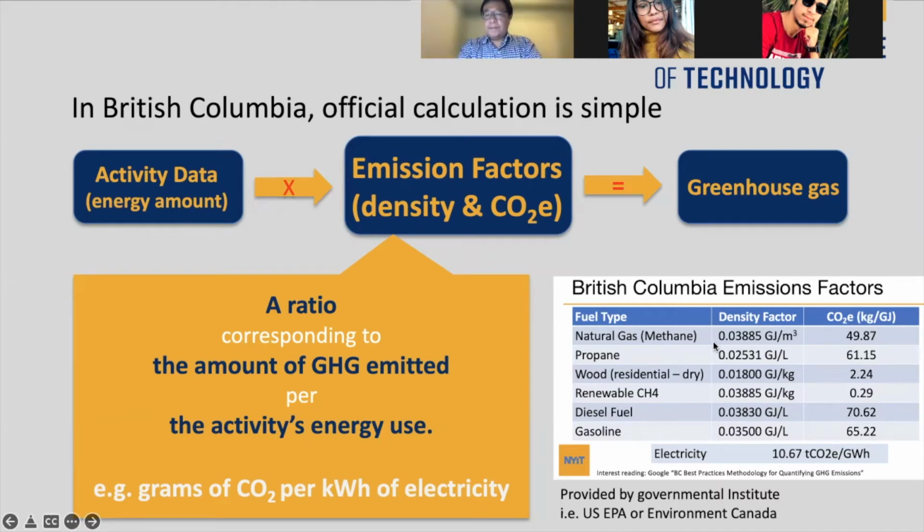This table I just simply extracted from your lecture notes. So you already have this table, but you need to know that different fuel types will have different density factors and also emission factors. Those two factors will determine the emission.